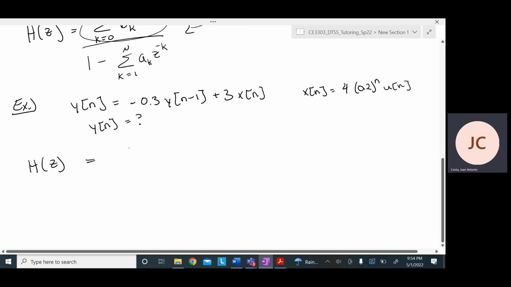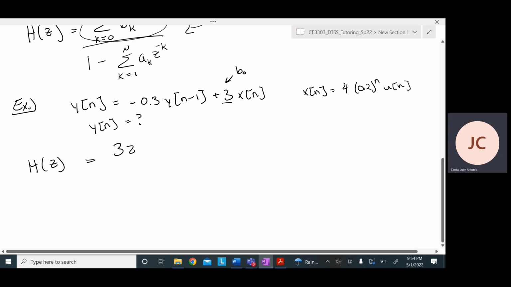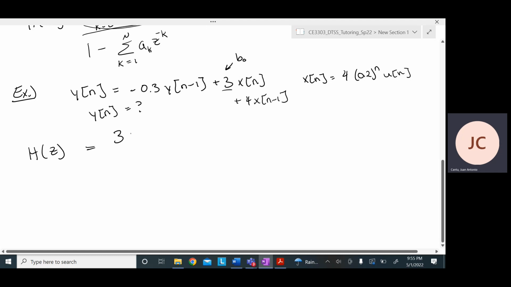Right here, this will be b sub 0, which is 3, times z to the negative k, k being 0 right now, so we just have 3. And then we don't have any more x terms. If we did, say we had plus 4 x of n minus 1, then up here we would have plus 4z to the negative 1.